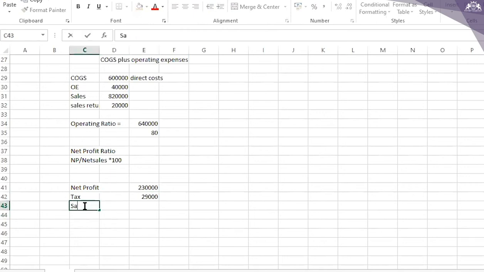Your sales are 13 lakhs. Sales return are 50,000. What would be your net profit ratio? What would be your net profit ratio? Tell me, what would be the profit?